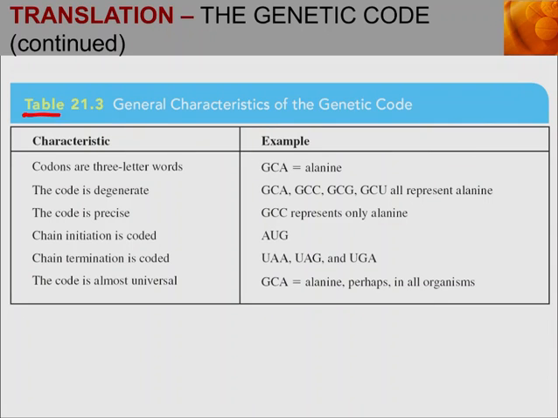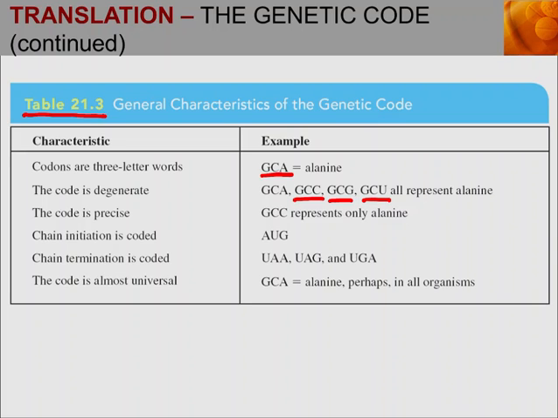Now there's another table in your textbook that kind of goes over general characteristics of the genetic code. So again, codons are three-letter words. So alanine, for example, could be GCA. And the code is degenerate. So while GCA equals alanine, there's also three other codes that equal alanine as well.